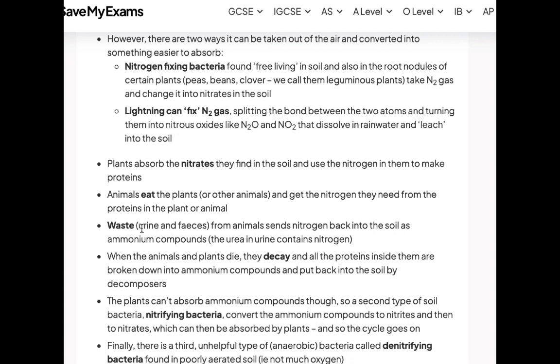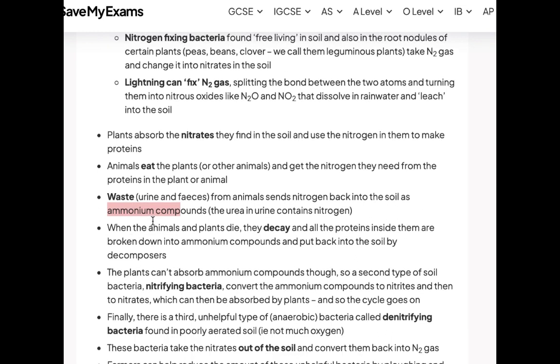So when they give out urine or feces, they send nitrogen back into the soil in the form of what? Ammonia. They send nitrogen back into the soil in the form of an ammonia compound, what we call urea, which contains nitrogen.